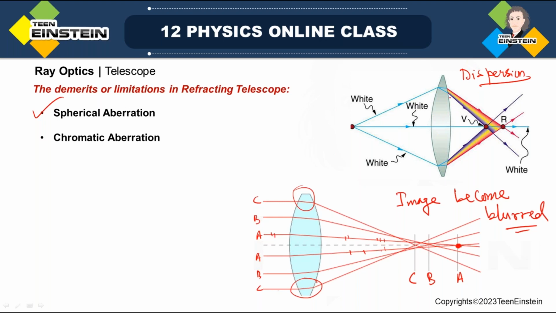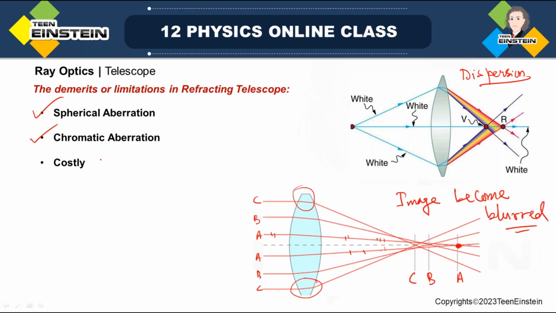So actually refraction and dispersion are related phenomena. So in case of lens, these two are very prominent demerits. Not only that, there are a few more demerits, cost wise, because if you want to make a perfect lens, and that too of a very big size, because the objective needs a bigger aperture to collect a lot of light, as much as possible, to make the image very bright.